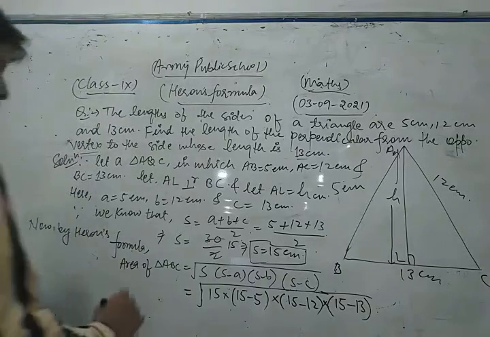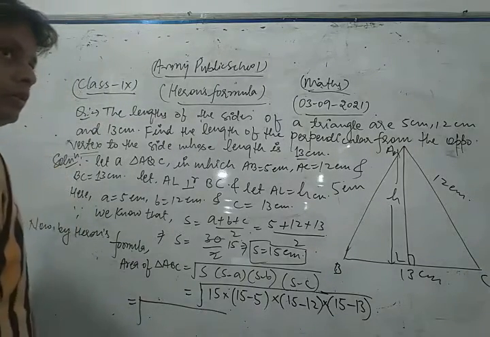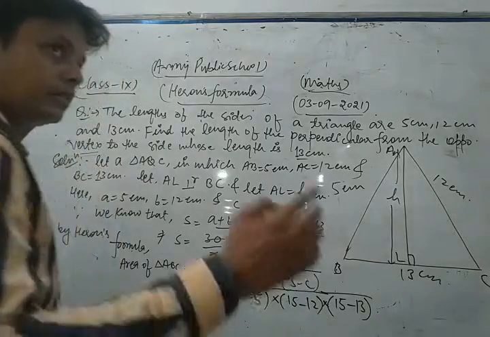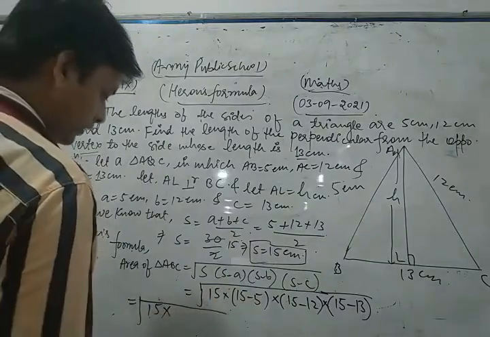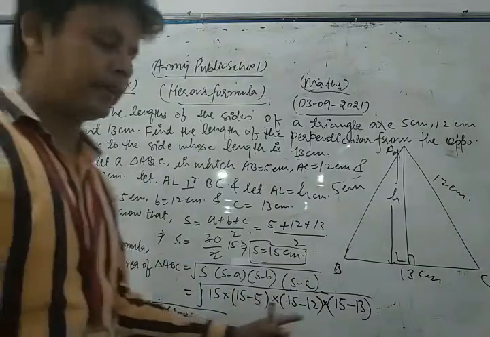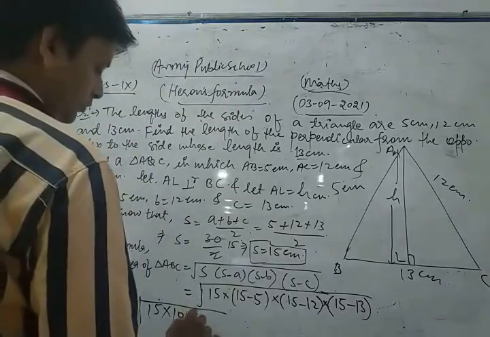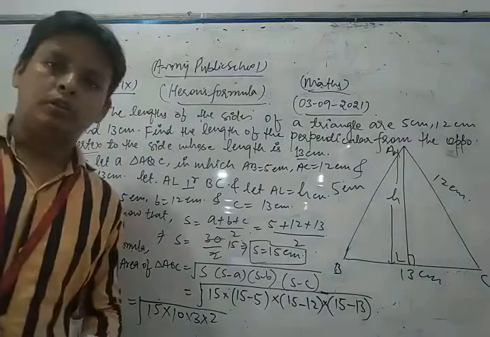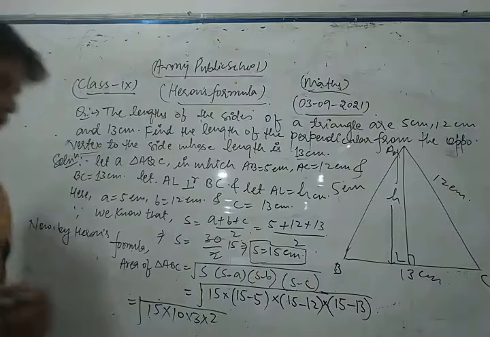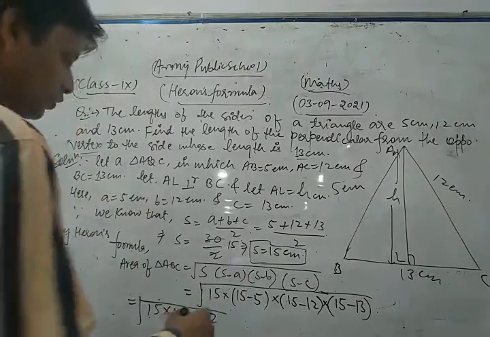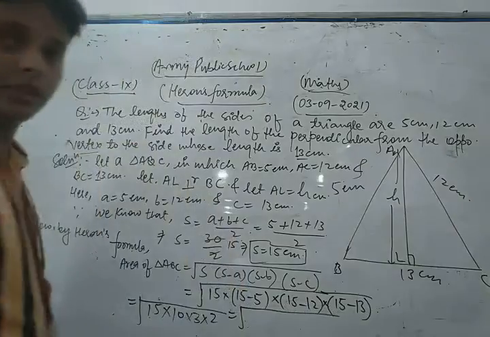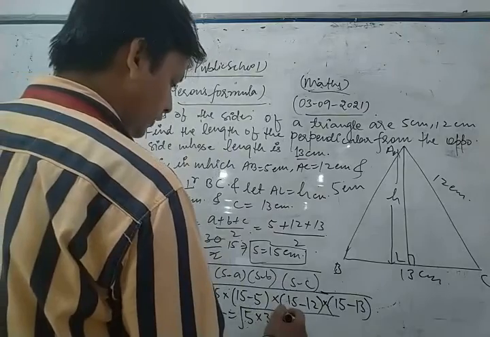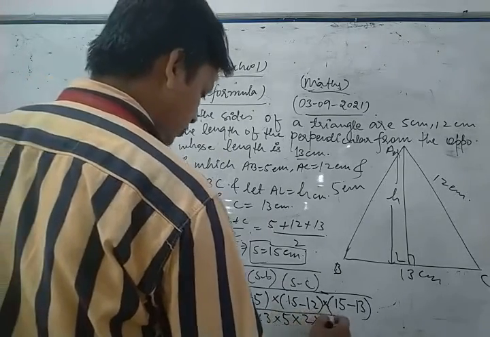Now we simplify them. So we get square root of 15 into 15 minus 5, that is 10, into 15 minus 12, that is 3, into 15 minus 13, that is 2. Now we do their prime factorization. 15 we can write as 5 into 3, 10 as 5 into 2, and 3 into 2 as it is.